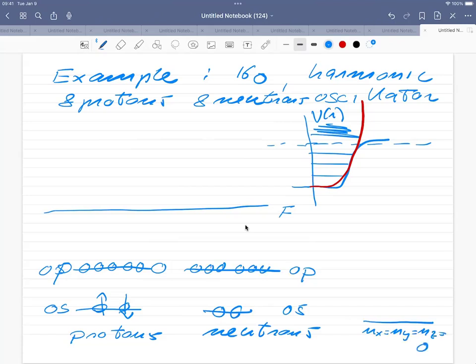Then when you go to the next level in the harmonic oscillator, you would have one with nx equal to 1. There's a new state here, so these are degenerate in energy. And then we have one with ny equal to 1, and the other ones are 0. And then you see in Cartesian coordinates, you can place 2 particles in each state here, due to the spin degeneracy.